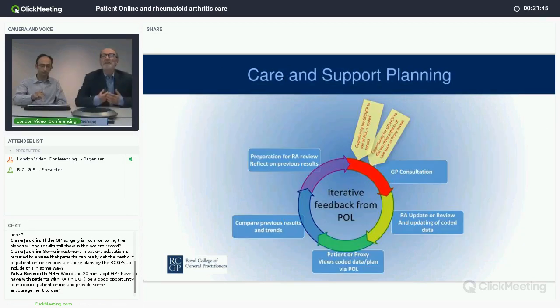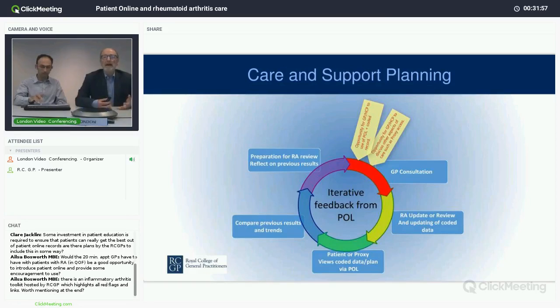To reiterate, this is an iterative, cyclic process of informed patient, informed consultation, better planning, improved self-care, moving around to preparation for the next review, and so on.